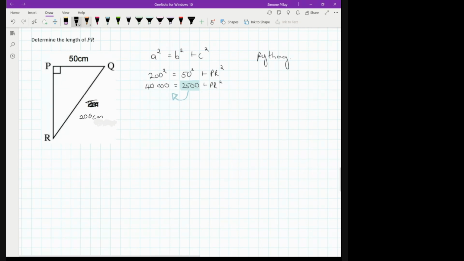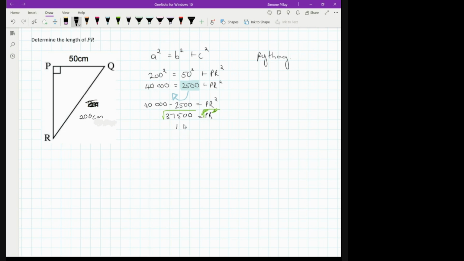You transpose and you get 37,500 equals to PR squared. We're done? Now you must square root and you get 193.65.